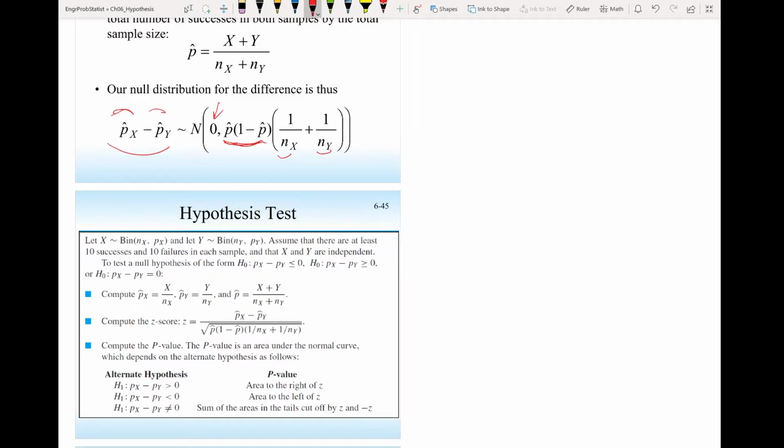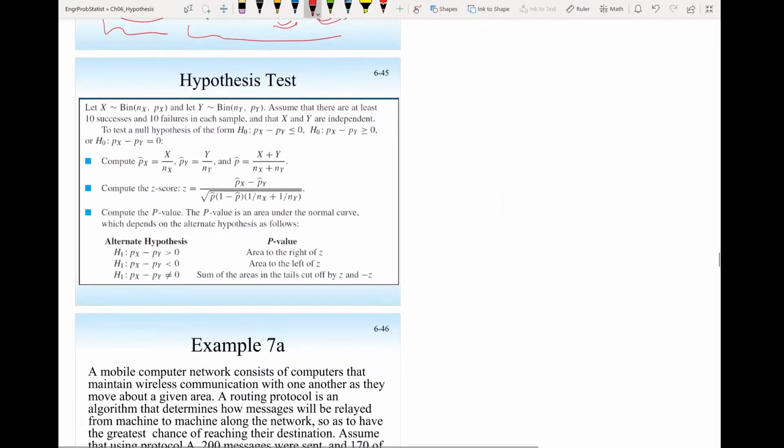So instead of having here pX times 1 minus pX, and here pY times 1 minus pY, I replace pX by the pooled p, and take it out here and here. So I get this, times these, times these. And this will be the normal distribution of these proportions, assuming they are the same, because that's the null hypothesis we will be using. So with that said, this is the hypothesis test.